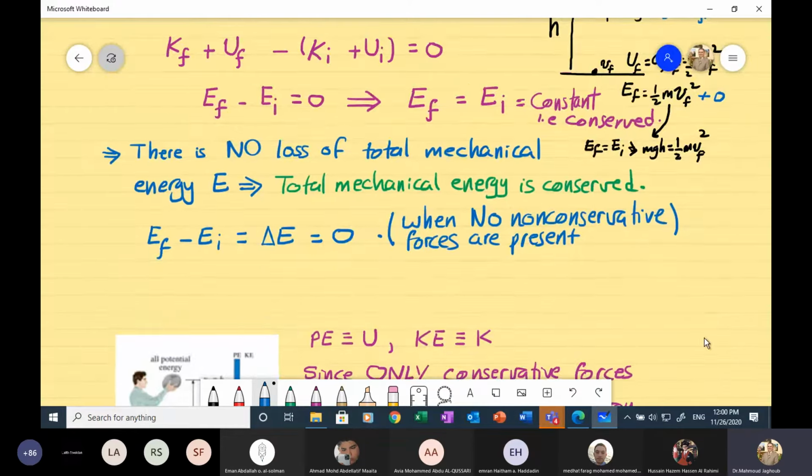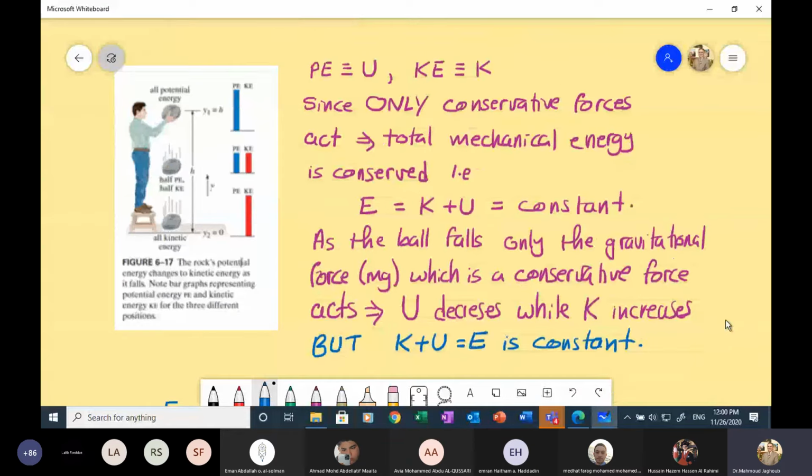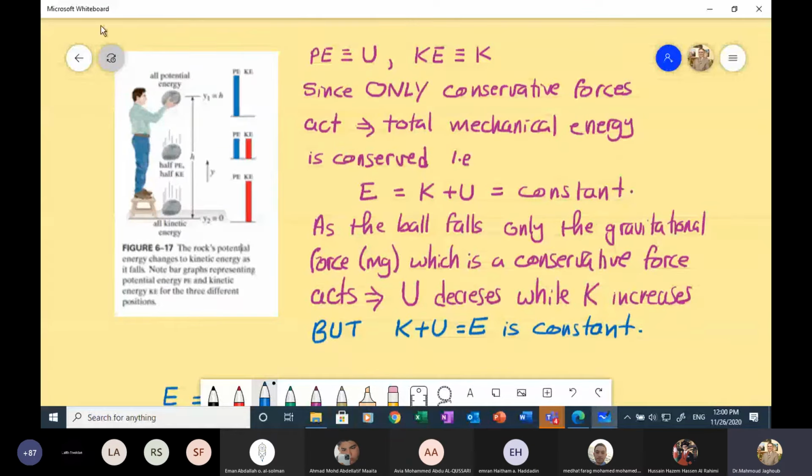I've taken this from your book, which is similar to the Flash file I have just shown you. There is someone here holding an object. This object is at rest, at a height h. So all the energy it has at this point is potential energy.